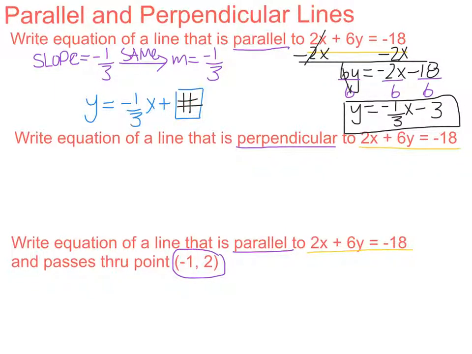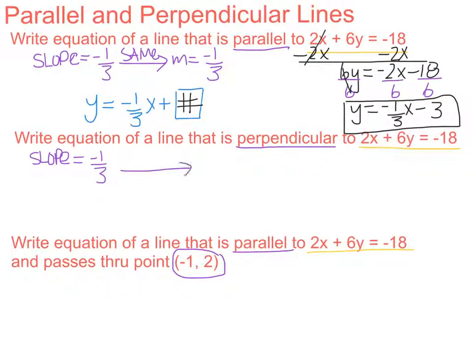Now, once you've done all of this work for this first problem, the second equation's really easy. If I want to write an equation that's perpendicular to this same line, here's what I know. The slope of my old line was negative 1 over 3. That's the line we've been talking about.